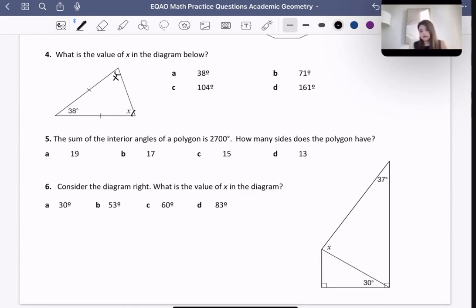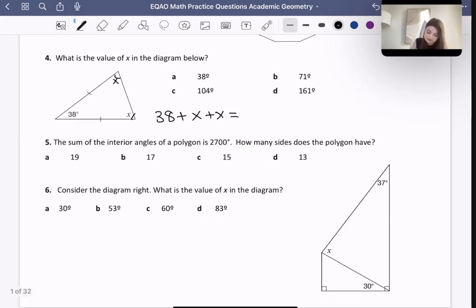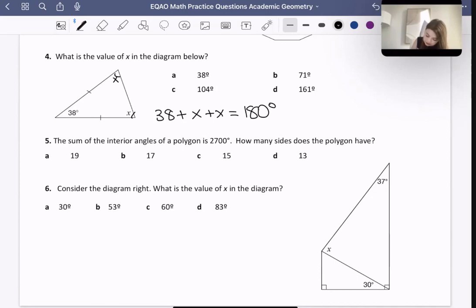Those two sides are the same thing. So to find x, we know that 38 plus x plus x, all three of these angles must add up to 180. And so if we solve this equation, adding up 38 and then x again and getting 180, we can figure out this answer here.